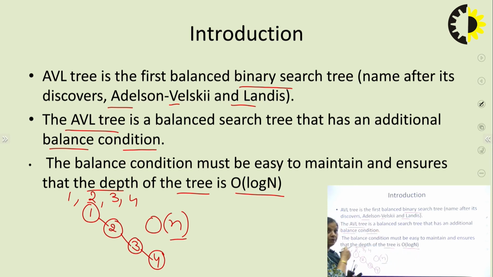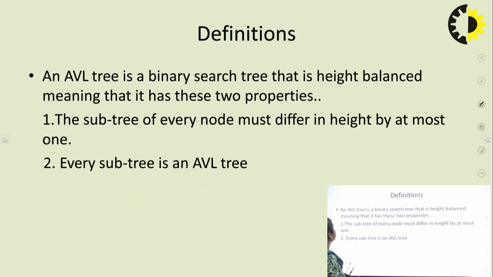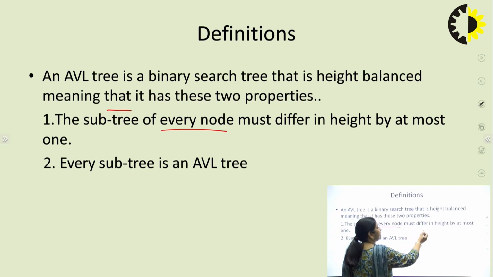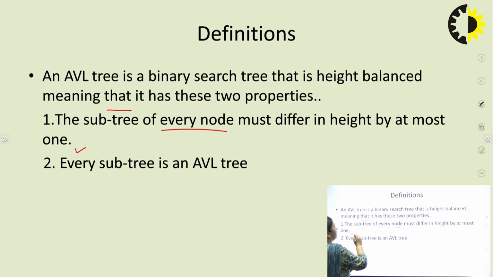So to ensure this, we use height balancing. An AVL tree is a binary search tree that is height balanced, meaning that it has two properties. The first property is that at every node, the subtrees of the node must differ in height by at most 1.